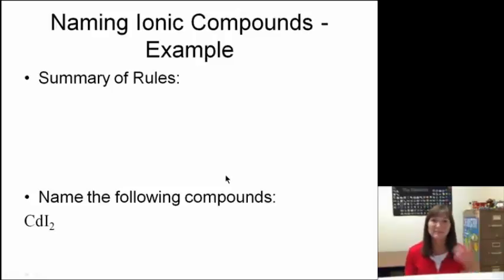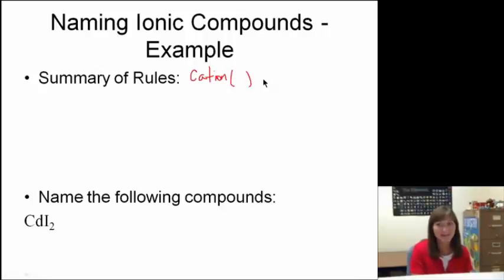I want to sum up the rules for you one more time, just so you've seen it again. Remember that the general formula is to name the cation. If your cation had Roman numerals, put them in there. And then do the anions. Do the name of the anion. Okay. So I would do it this way.